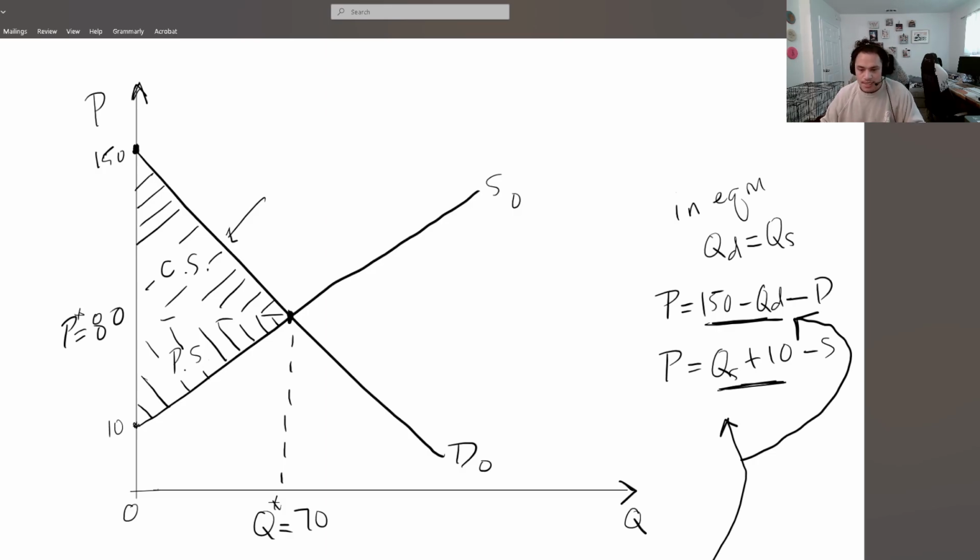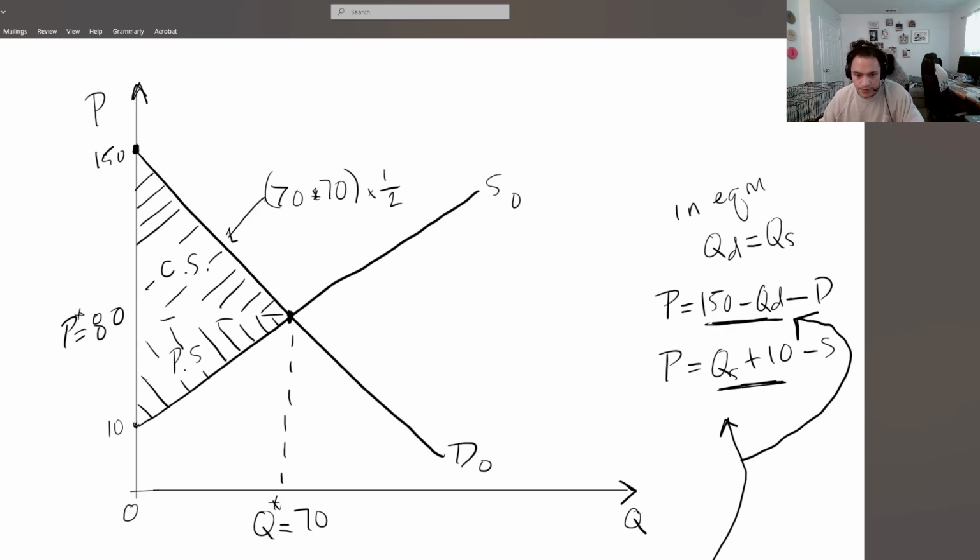Area of a triangle: base times height times 1/2. The height of my triangle is the difference between my intercept and my equilibrium price, and so I have a height of 70. The base is just Q star, and that's going to be the same for both. So for my consumer surplus, I'm going to get 70 times 70 times 1/2.